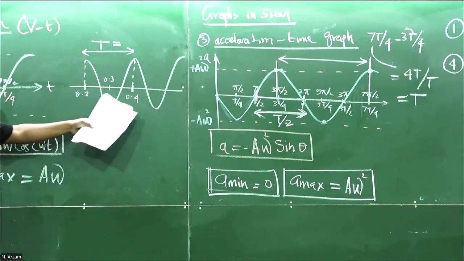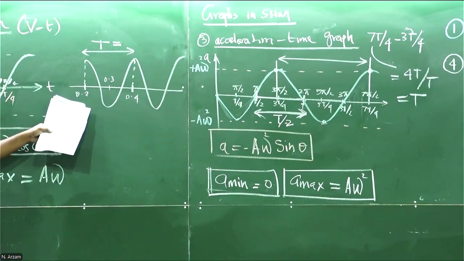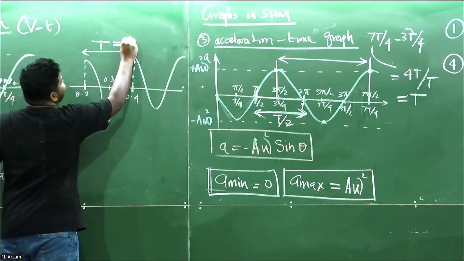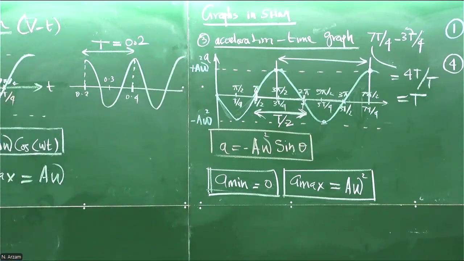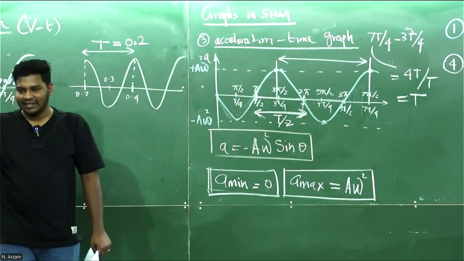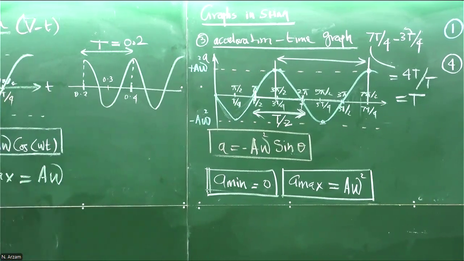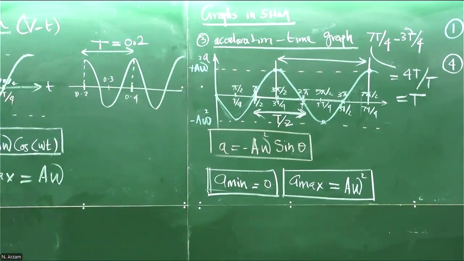This is 0.4. This is 0.2. What's the value? 0.2. So we can get the answer for this one. The period of time is 0.2. This is how we want to extract the data from the graphs. Okay, you got it. So please be aware of those graphs.